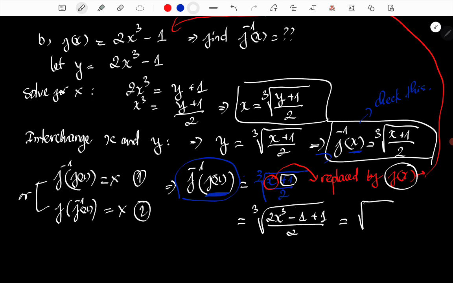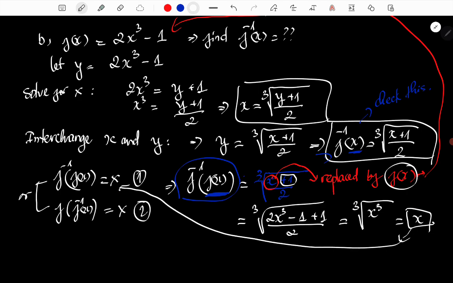So the cube root of x³ is equal to x, which proves it is equal to x, right? So we can come to the final conclusion that the inverse function of f(x) here is equal to the cube root of (x plus 1) divided by 2. Alright.